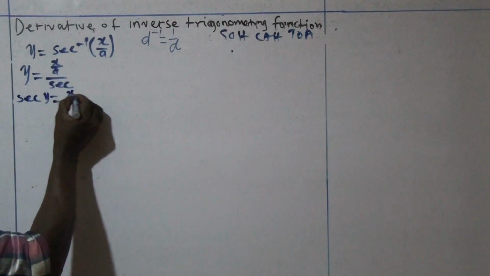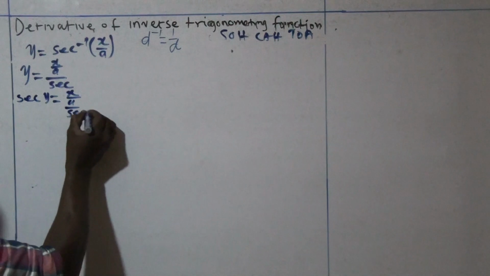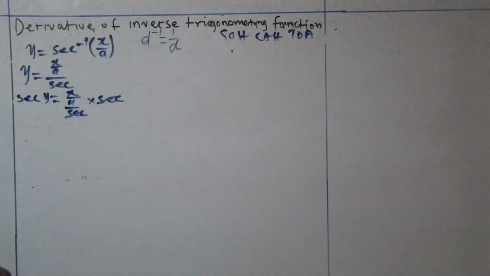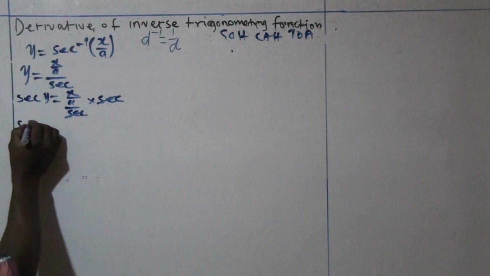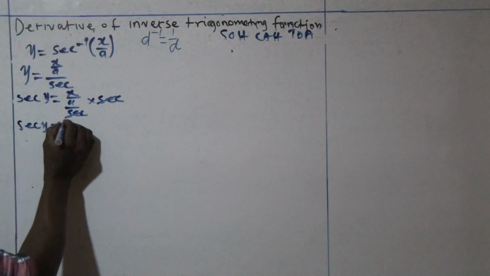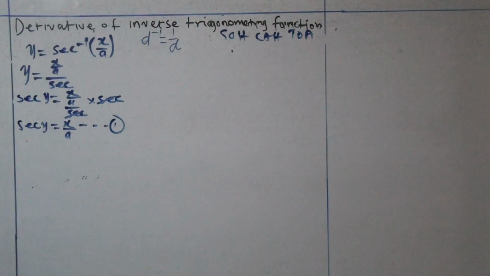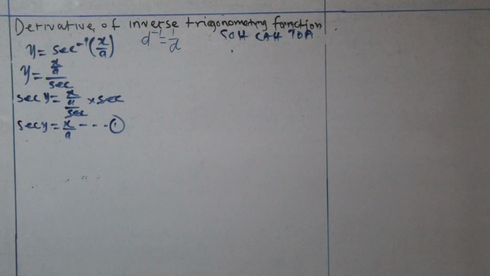Here, if I have x over a divided by sec times sec, you see that the sec will be off, and we will have sec y is equal to x over a. So this is equation 1. We also look at another fact to make x the subject of the relation.